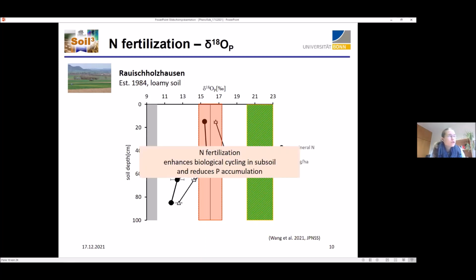And I can show you also similar results for experiments where irrigation was applied or where lime had been applied, so pH management. Basically, the outcome always is that whatever kind of management you apply at the top of the soil surface will also have an effect on the deeper parts of the soil profile.